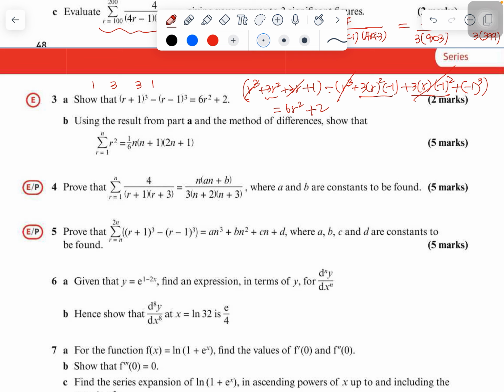So using this result, we need to show this one. Okay, so r squared.